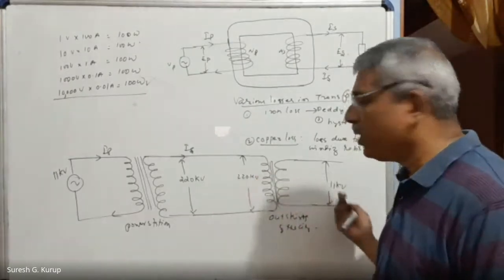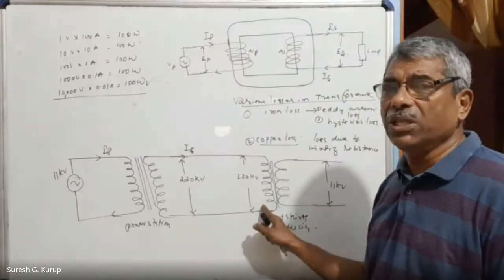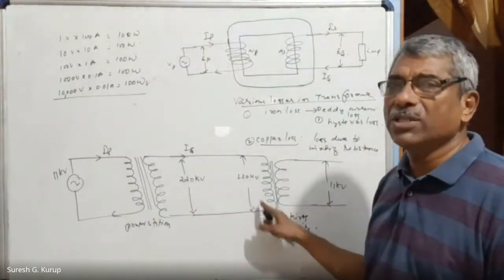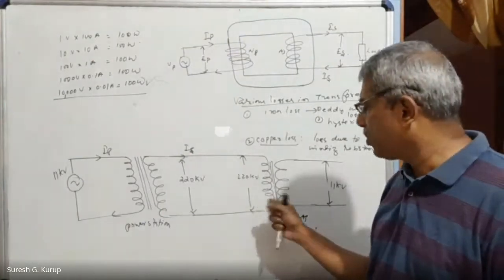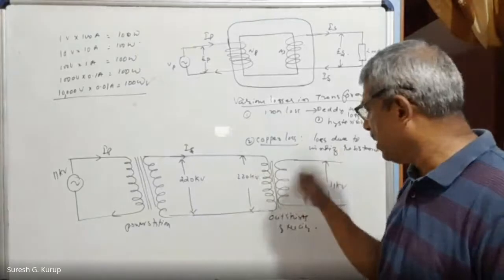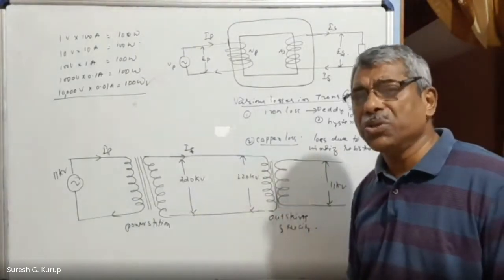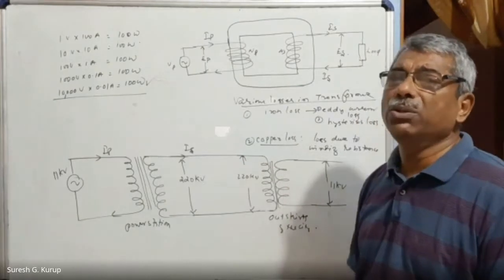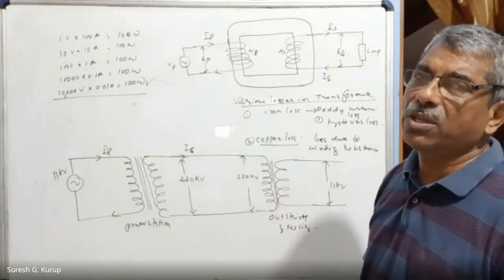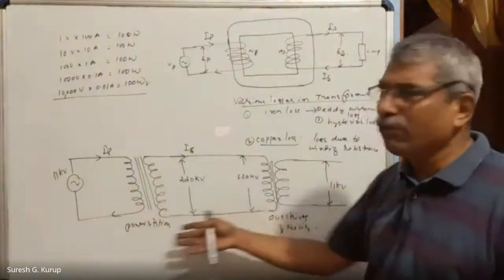That is why in the outskirts of the city we have another station, called a substation. In a substation, this 220 kilovolt is again converted to 11 kV. 11 kV can again be reduced to a small value of about 220 volt, and that will be distributed for domestic purposes. So this is the principle of working of a transformer.